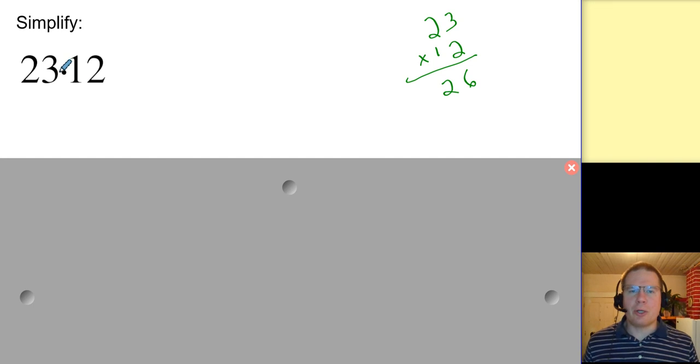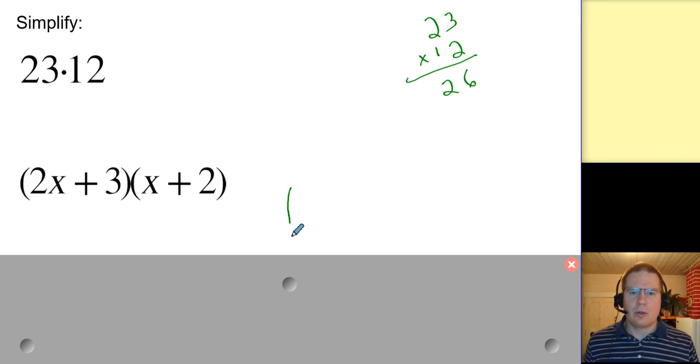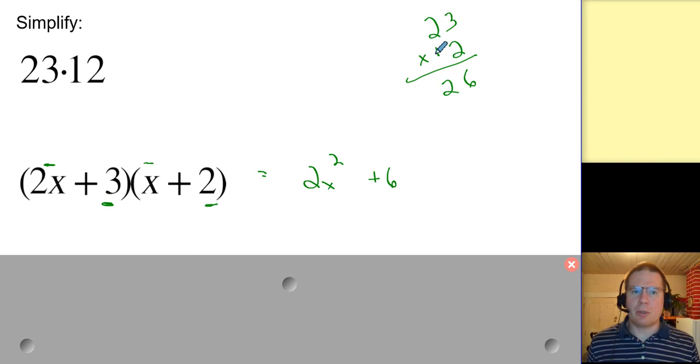When we're multiplying, we don't just multiply like terms. When we look at an expression like this, I'm not just multiplying my x term by my x term and my constant term by my constant term. Right? That's what I did here. Multiply my 1s, multiply my 10s. That's not the whole picture.